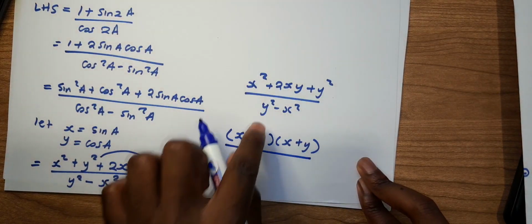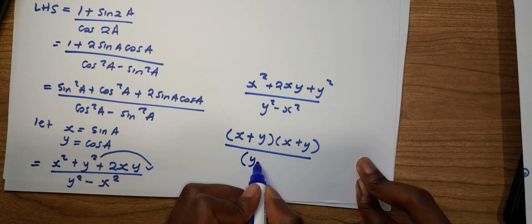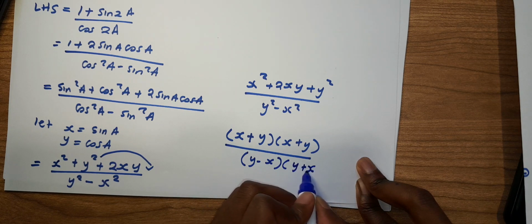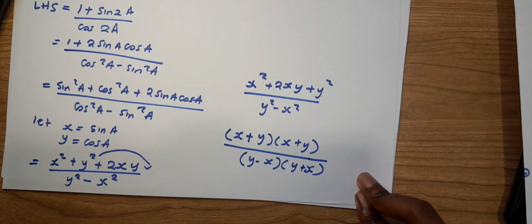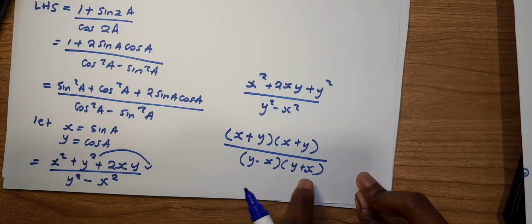So the question is, how do you actually factorize this? You factorize it as y minus x and y plus x. If you multiply this out, you will come back here, right? You realize that x plus y is the same thing as y plus x.